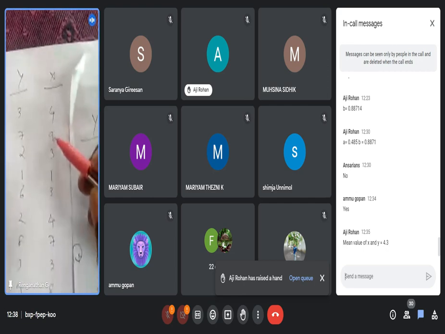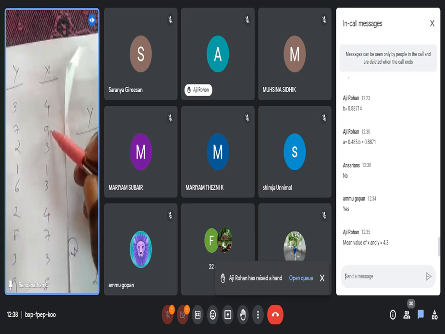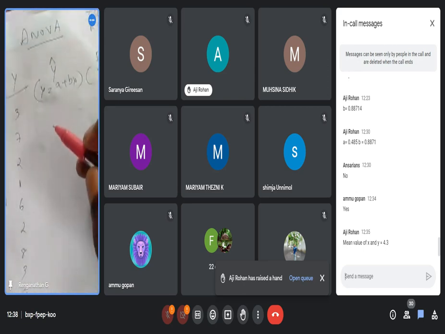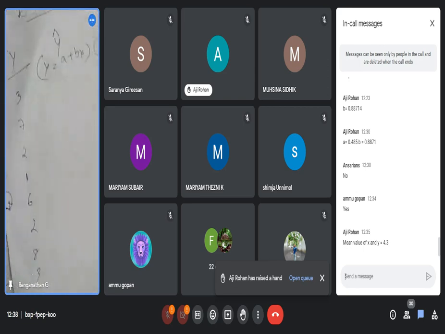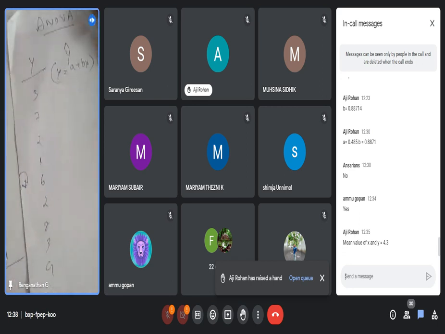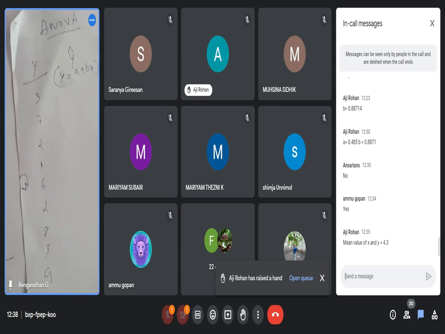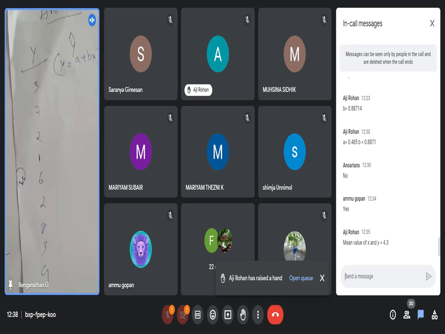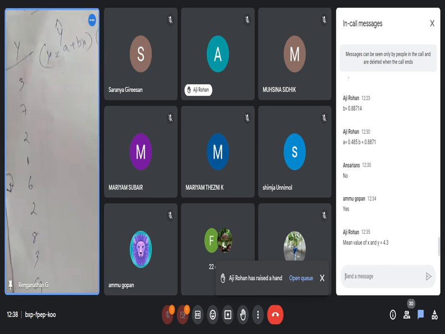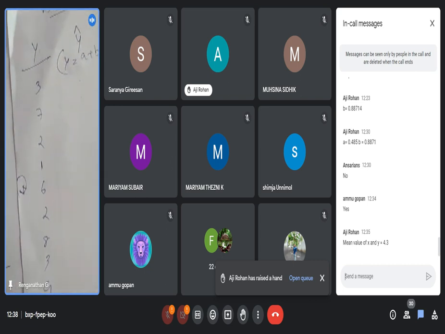Similarly, apply the value of 9 in place of x, then you will get the next y cap. Understood? It's tedious work, I know, but everybody should do that clearly. And round your figures to 2 digits.